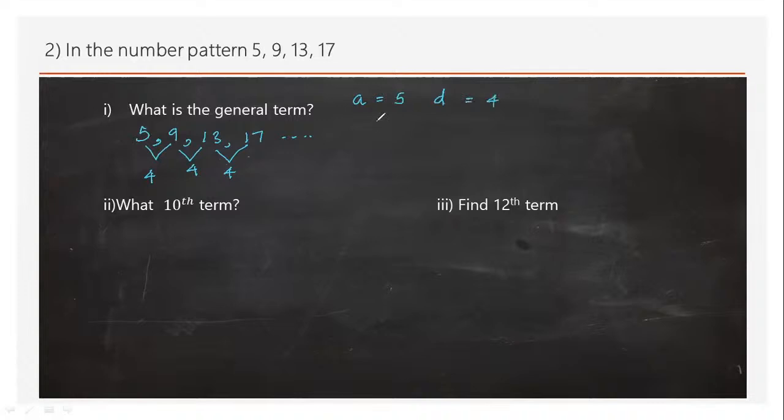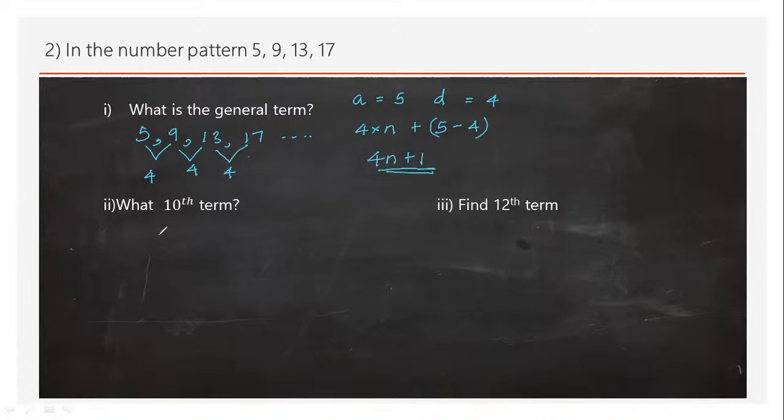So we can write the general term: common difference 4 into n plus first term minus common difference, 4n plus 1.